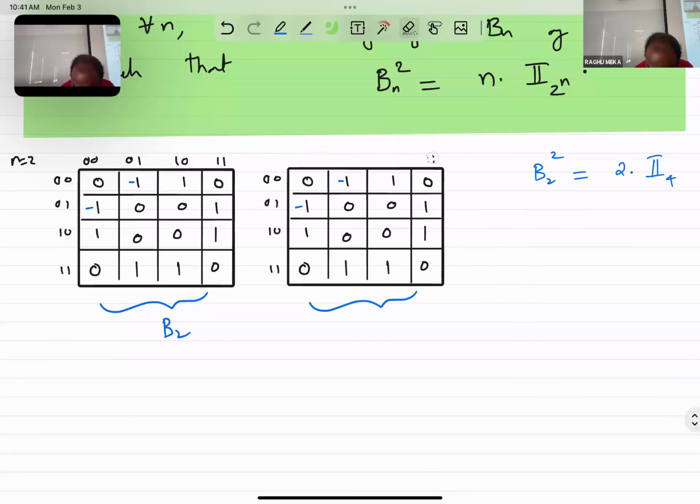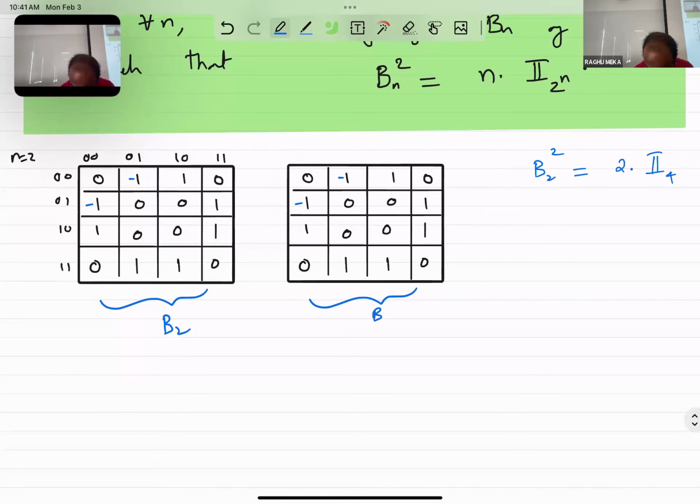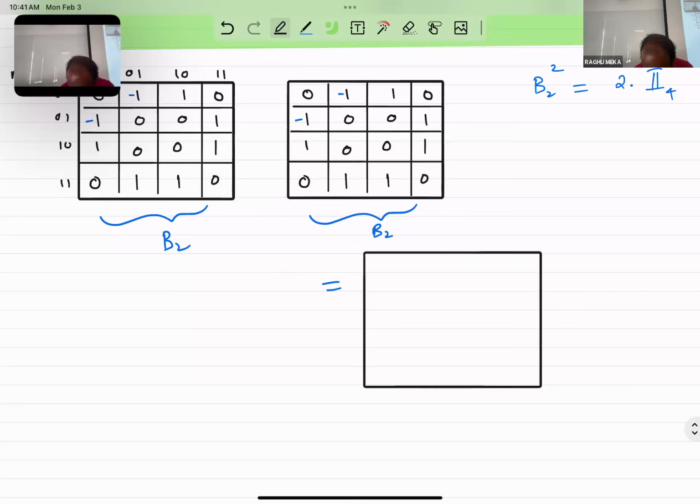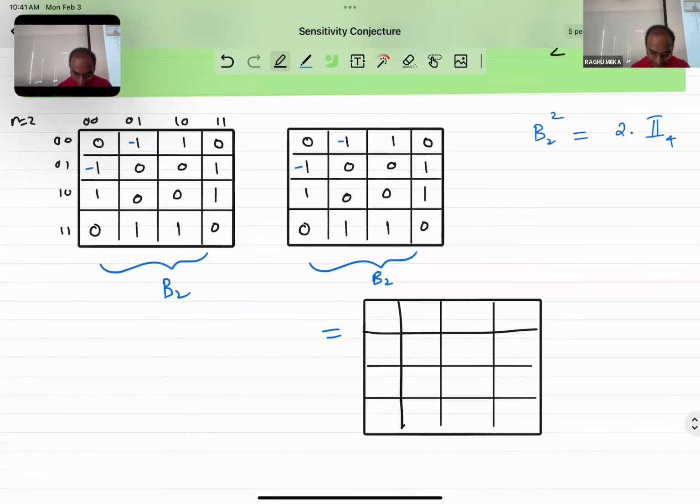So when I multiply it, what do I get? I should get another 4x4 matrix, right? Okay, let's do a couple of computations.